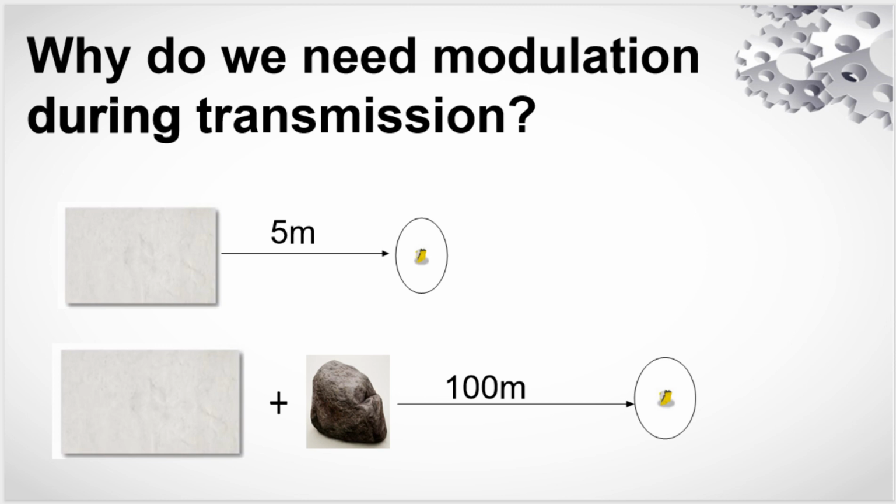Communication that does not use modulation is called baseband communication, and the one that uses a modulation technique is called carrier modulation. The signal that is modulated is called the baseband signal or modulating signal, and the high frequency signal with which the baseband signal is modulated is called the carrier signal.